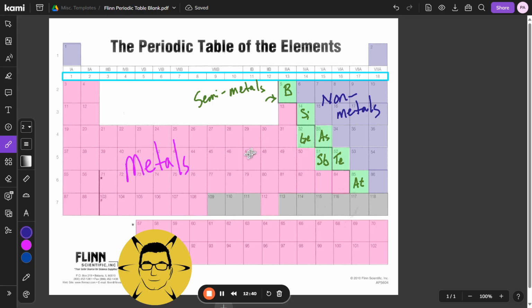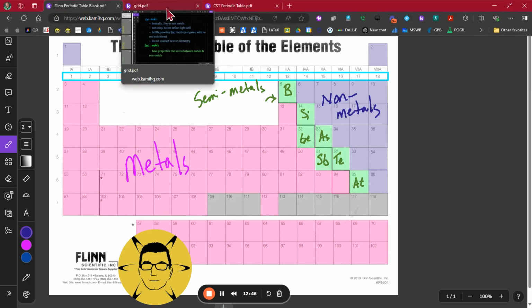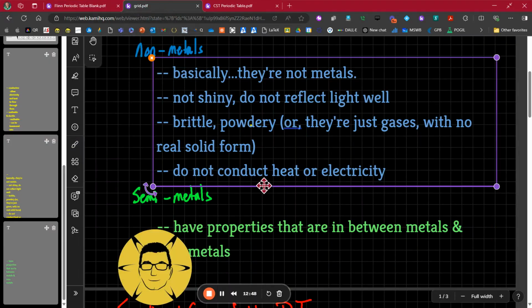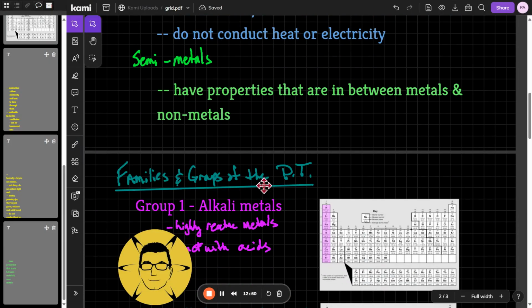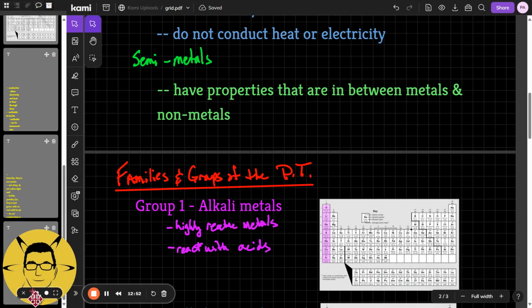Which brings us to the second periodic table that you guys have, and our families and groups. So we have families and groups of the periodic table. That's the next section of our notes here.